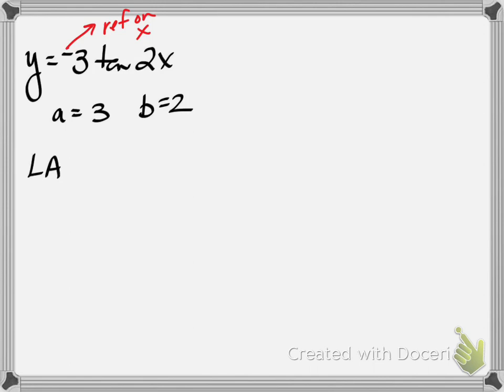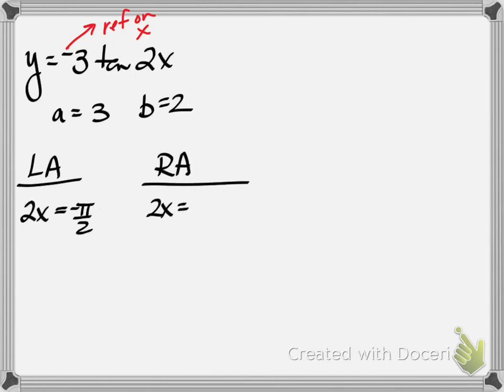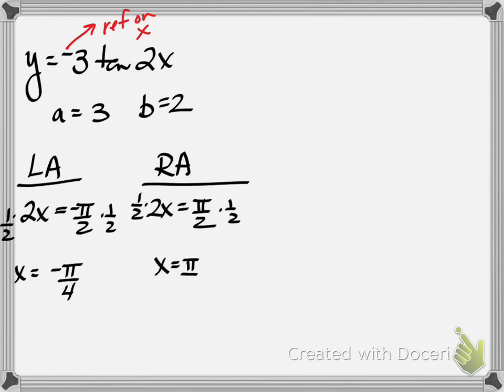For the left asymptote, do bx minus c equals negative pi over 2. And positive. Instead of dividing by 2, I'm going to multiply by 1/2, just because the math is nicer. Multiply by 1/2. These are your new asymptote values.